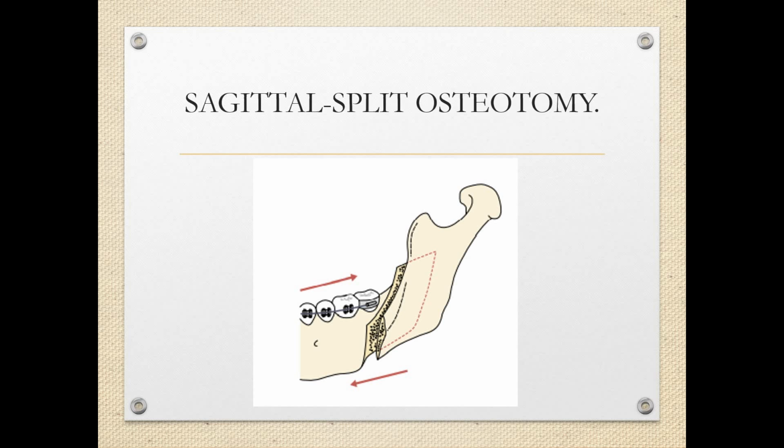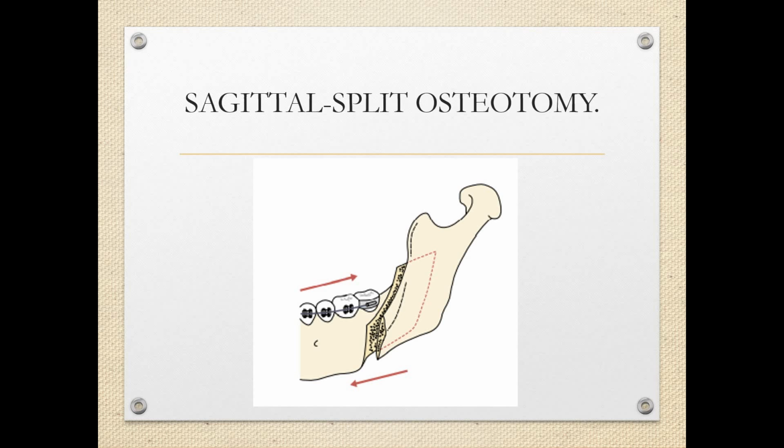These cuts are then joined by splitting the mandible along a line extending through the cortex, which allows forward or backward movement of the body in relation to the ramus, but maintains patency of the neurovascular bundle.